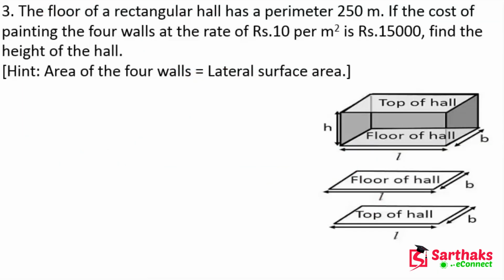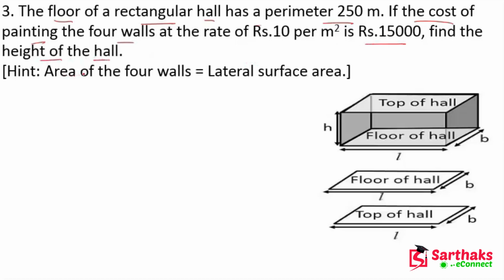Yes, so the next question here is: the floor of a rectangular hall has a perimeter of 250 meter. If the cost of painting the 4 walls at the rate of 10 rupees per meter square is 15,000 rupees, now find the height of the hall.